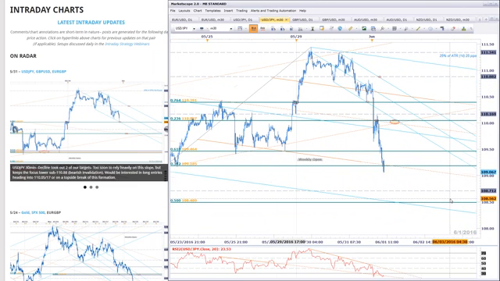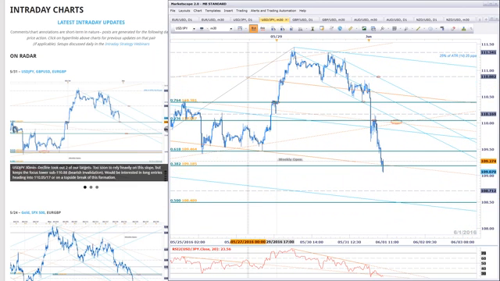But remember, typically a very strong reactor to US data. So I think this one's going to be a doozy heading into ADP tomorrow, heading into non-farm payrolls on Friday.